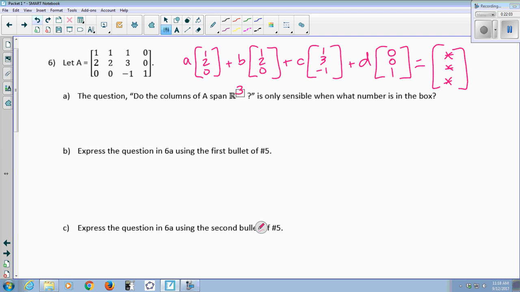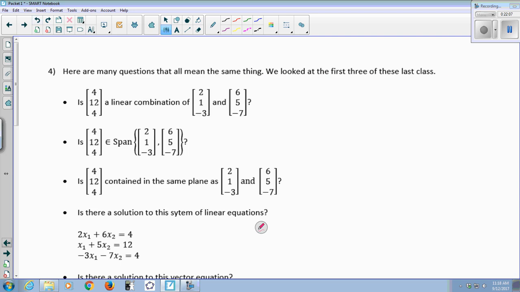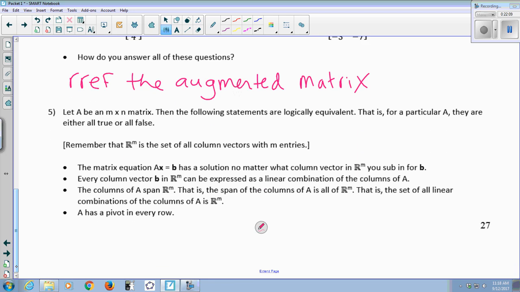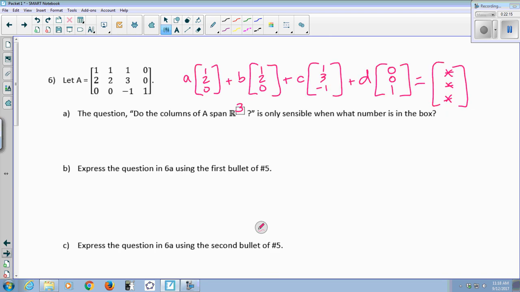So if I want to express the question in 6a using the first bullet from number 5, let's go back and say this bullet: the matrix equation AX equals B has a solution no matter what B you choose. So I'm going to say A, 1, 2, 0; 1, 2, 0; 1, 3, negative 1; 0, 0, 1, times my vector of unknown weights.